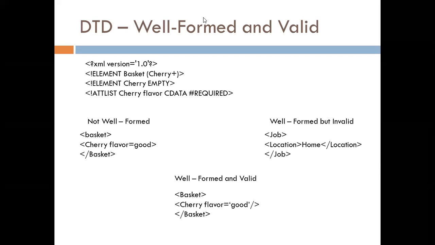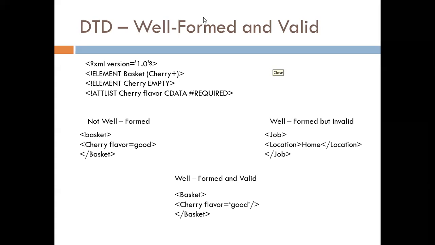So, good morning. In our last class, we were discussing the various concepts related to internet applications. So, we discussed HTML, XML, and DTD. DTD stands for Document Type Definition.